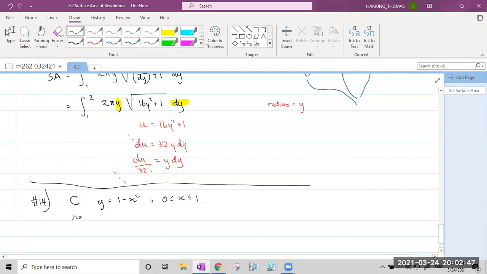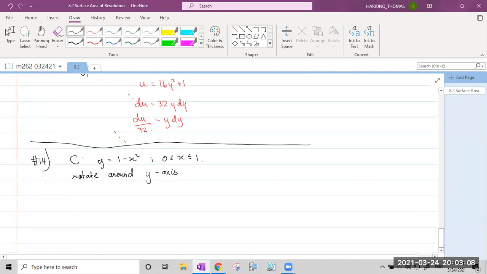Rotate it around the y-axis. Actually, let me challenge you further. Consider that part A, number 14a. Just set up the integral, no need to solve it. And part B, what happens if you use the same curve, but you rotate around the x-axis? What will the setup be?